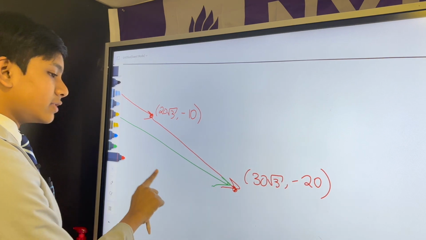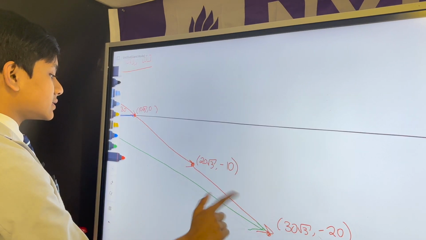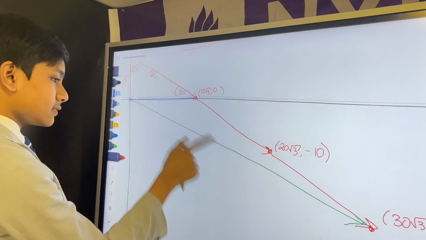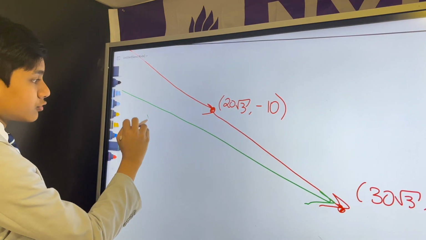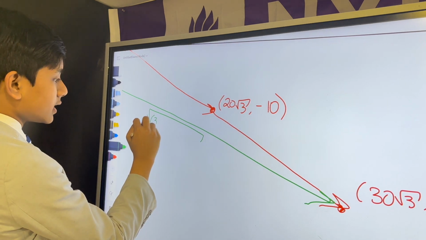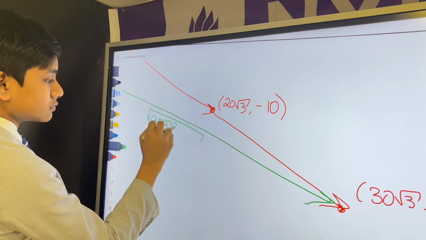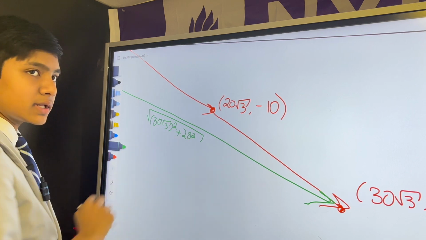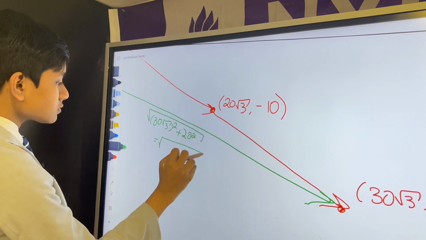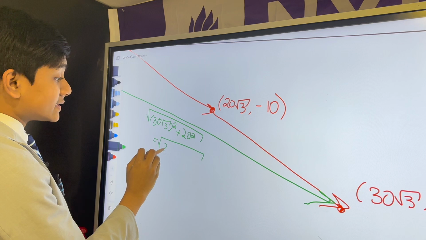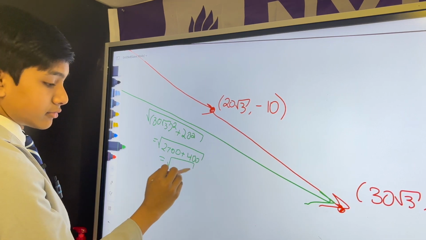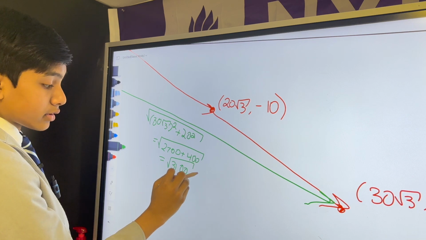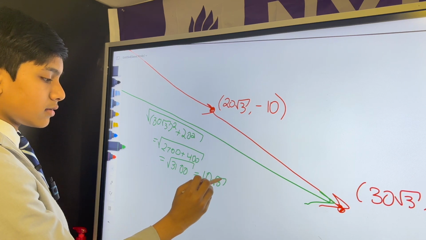And now we calculate the final distance. Since we're calculating from the origin, we just get the square root of 30 root 3 squared plus 20 squared, which is 2700 plus 400, which is the square root of 3100, or 10 root 31.